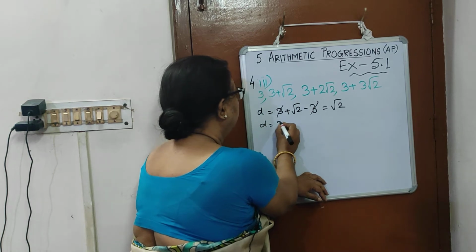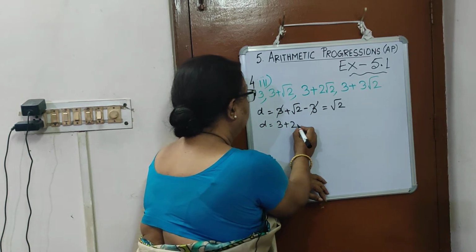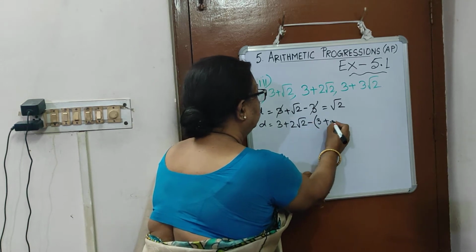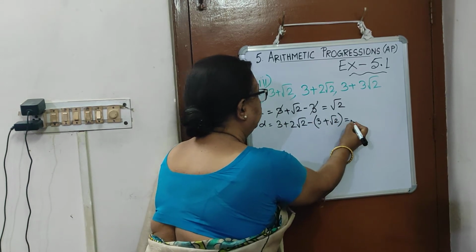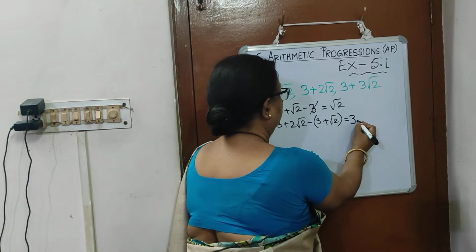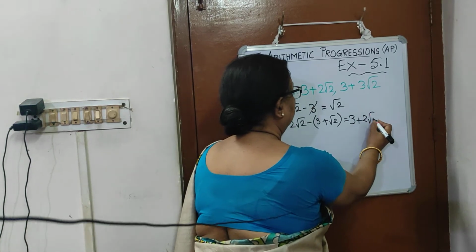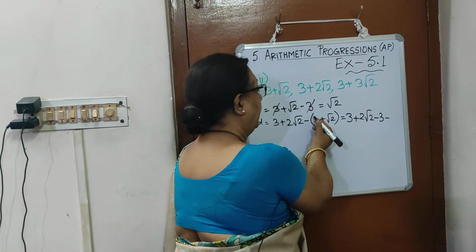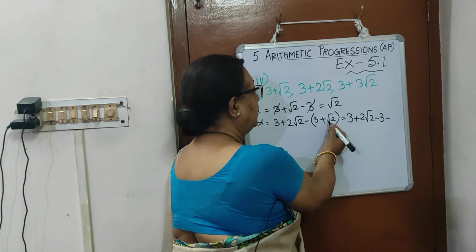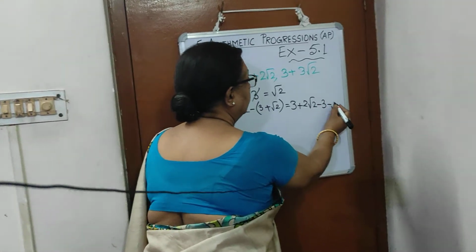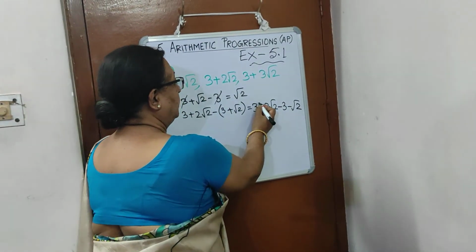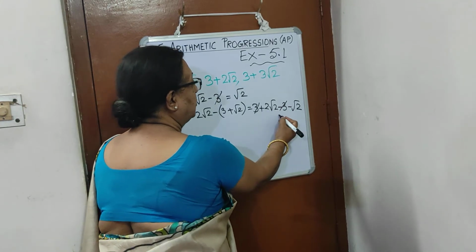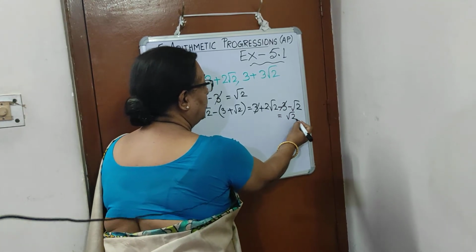Again D, 3 plus 3 root 2 minus the bracket, the minus sign outside the bracket, so the sign will change. 3 minus 3, 3 root 2 minus 2 root 2 is root 2.